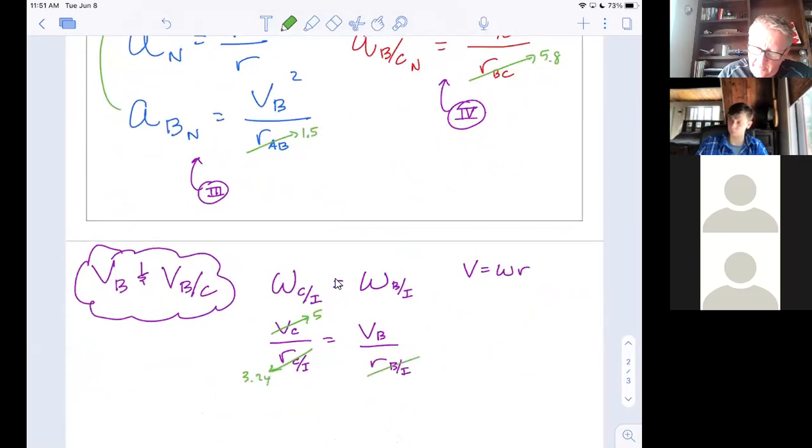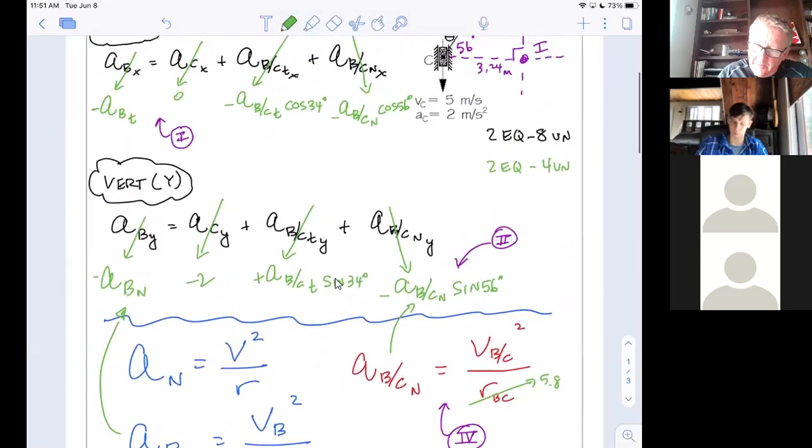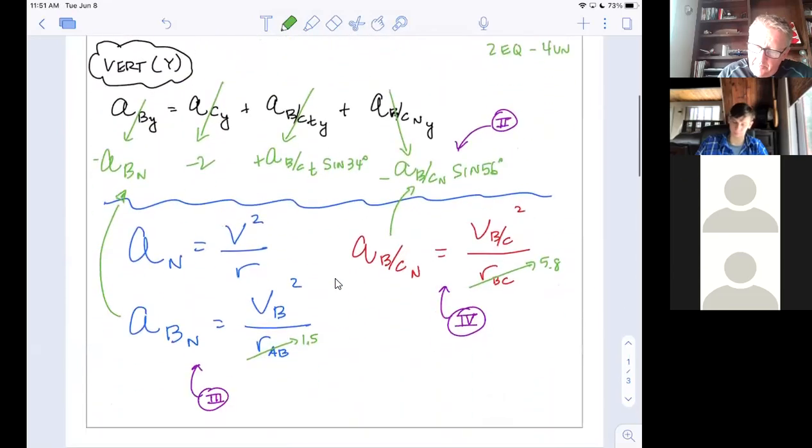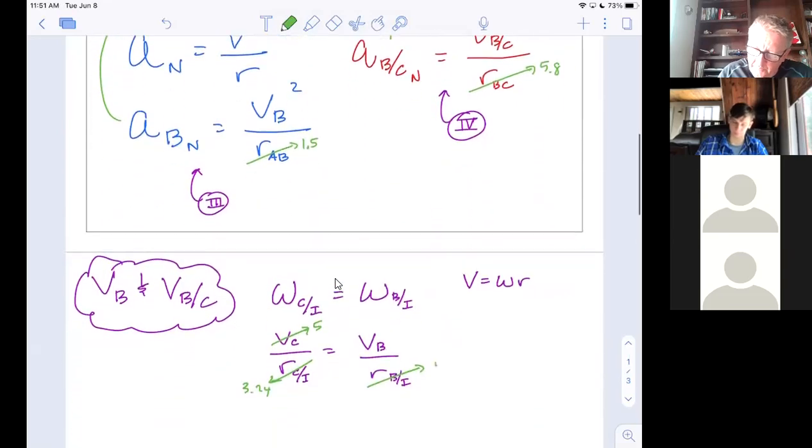We don't know the velocity of B, but we did figure out the radius of B is longer, 4.81, matches the picture. Hence, I can say I know now the velocity of B. Let's see, what is it? 4.81 times 5 divided by 3.24. I'm getting 7.42.